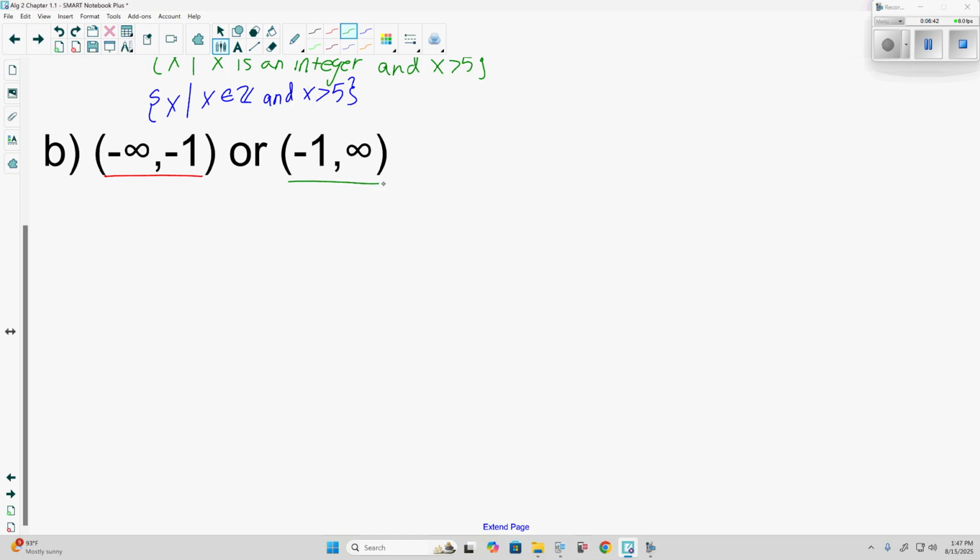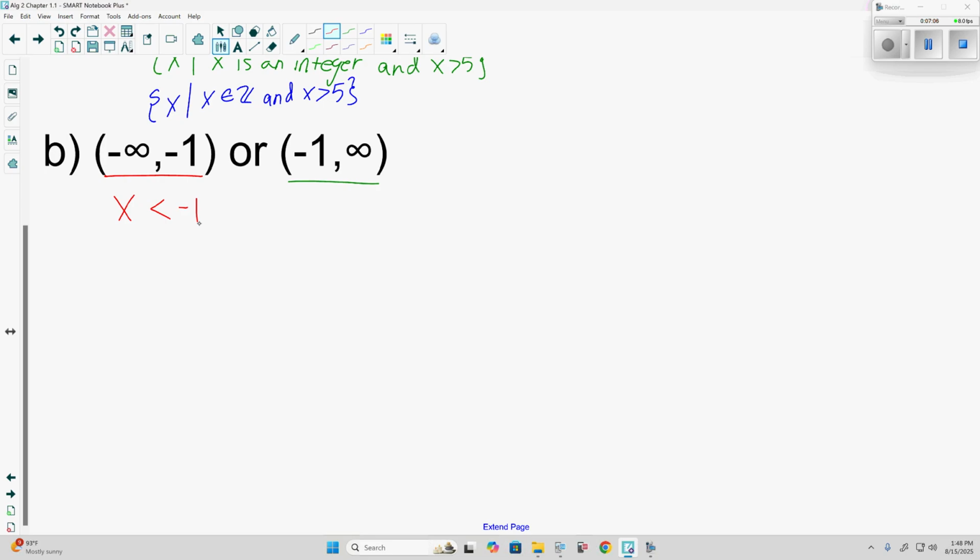So we're talking about all the values of x, any value of x that is what? Less than negative 1. Because x is just saying what values of x, what numbers will satisfy this are contained within that set. And for us, it's all the values of x less than negative 1, yes?